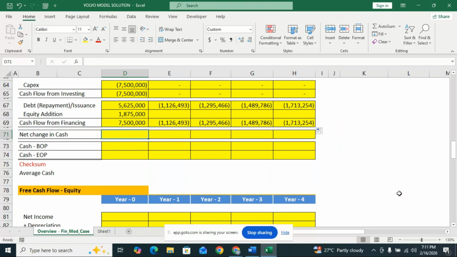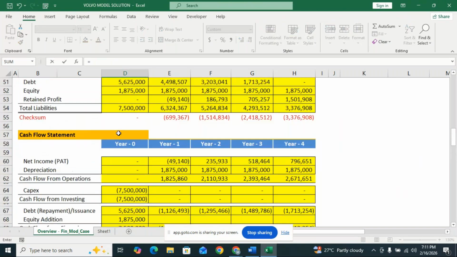So once you're done with cash flow from the financing activities, you can calculate the net change in the cash. That is the sum of cash flow from operating activities, investing activities, and financing activities. So equals, you can just add up like that only.